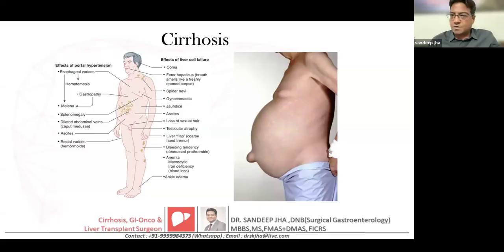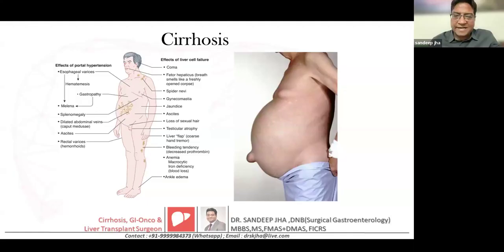Usually jaundice resolves very quickly, but in a patient whose liver is damaged, the jaundice will not resolve.